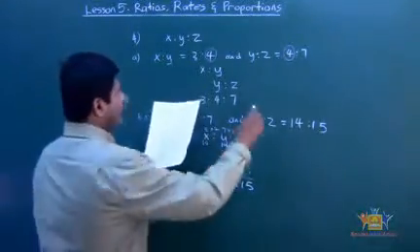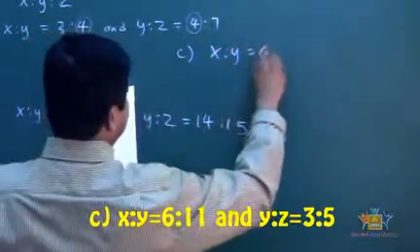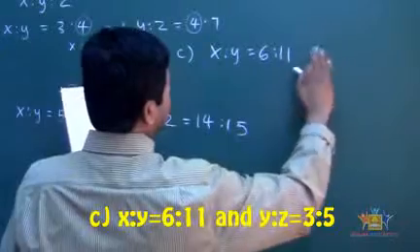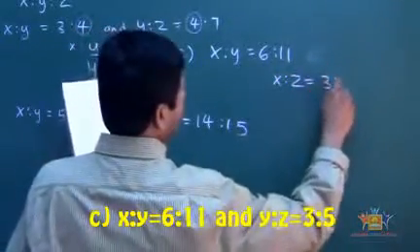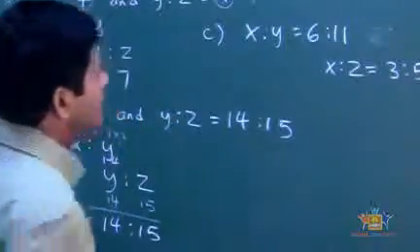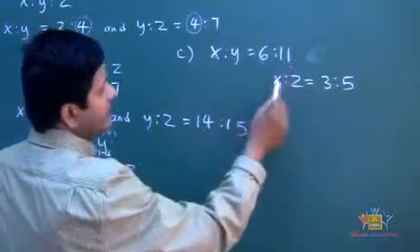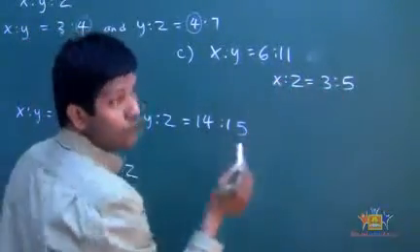Now for C you're given x to y is 6 to 11, and x to z is 3 to 5. Now look at this: x to y is 6 to 11, and x to z is 3 to 5.